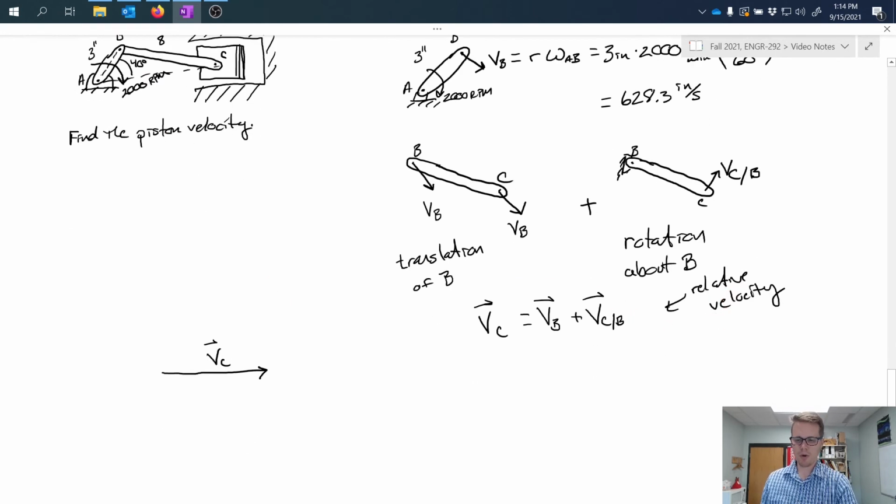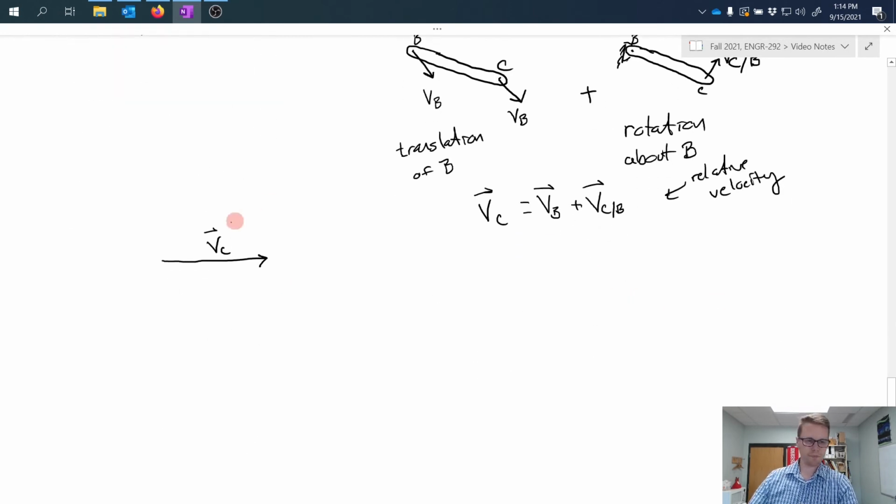So I can go ahead and represent that here by drawing VB, which we know the value of. It's 628.3 inches per second. And the angle I was talking about is this one, which is 50 degrees.